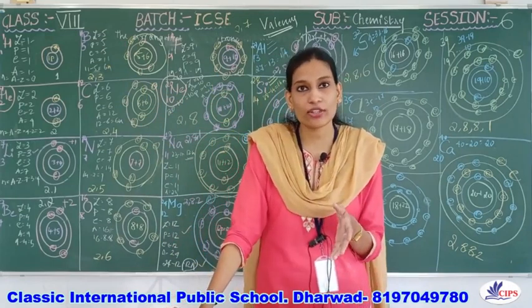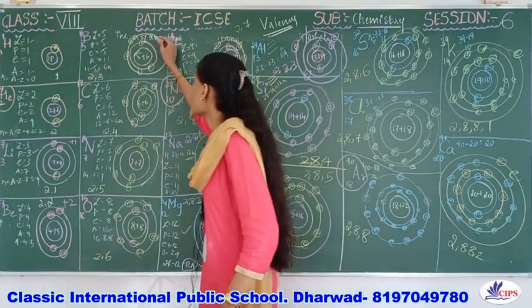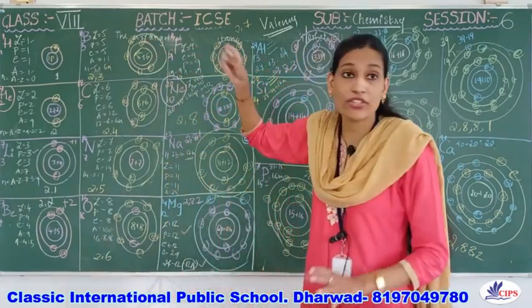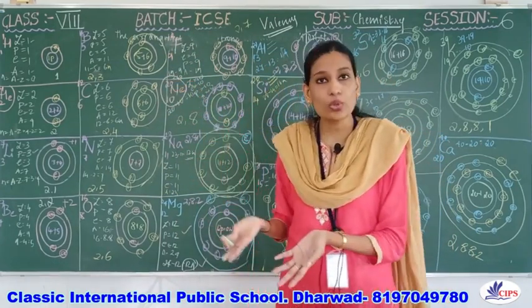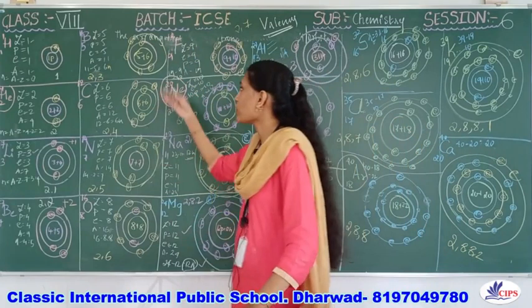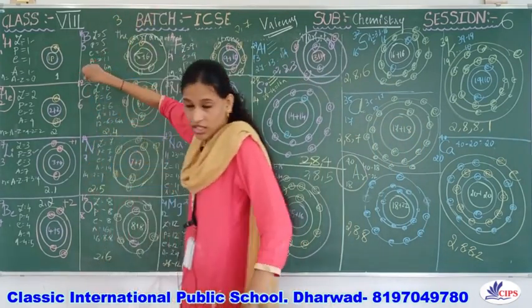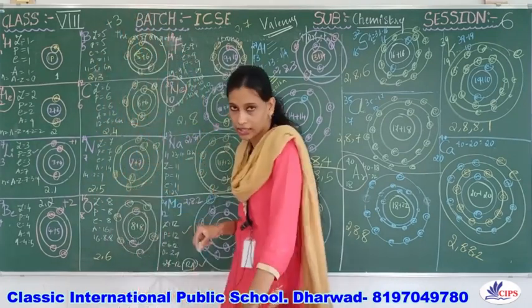It should have 8 electrons, but from 8 if you minus 3, boron needs 5 more electrons, due to which it will lose its 3 electrons. Therefore, the valency of boron will become 3. Because it has lost 3 electrons, the charge on boron is plus 3.